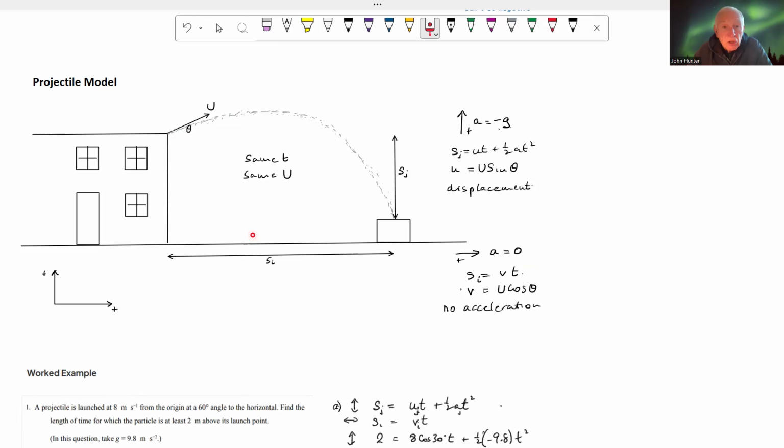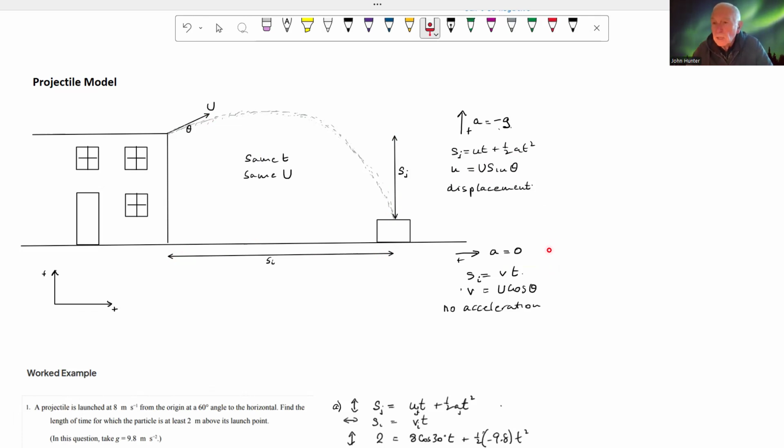If, for instance, we were given the horizontal displacement and the vertical displacement, we'd be able to put these two equations together and solve for both u and t. So that is the general idea of these problems.